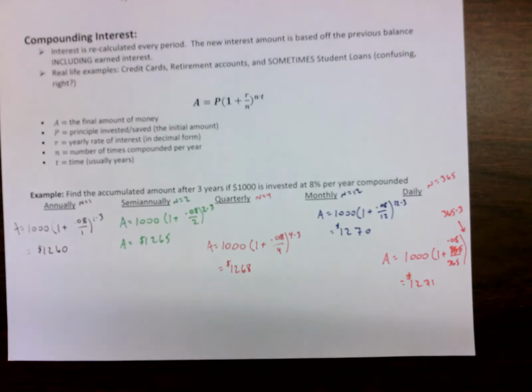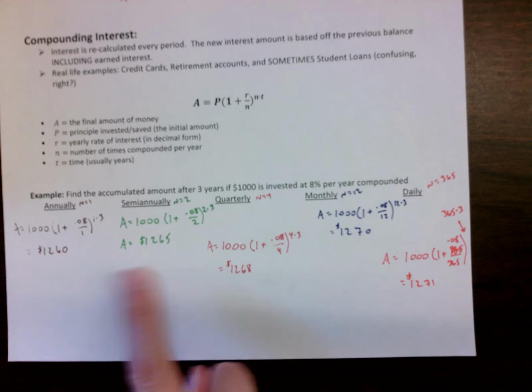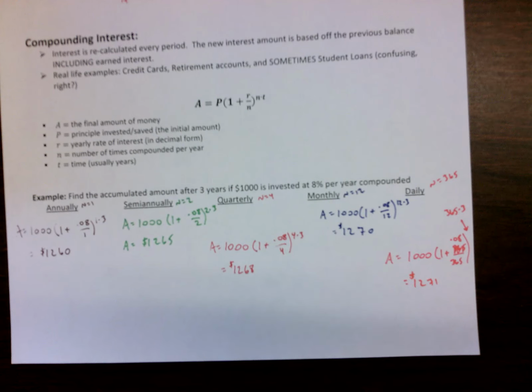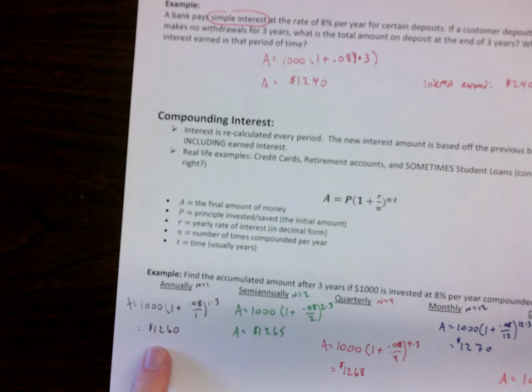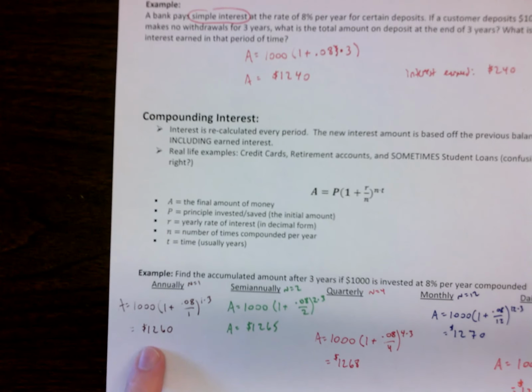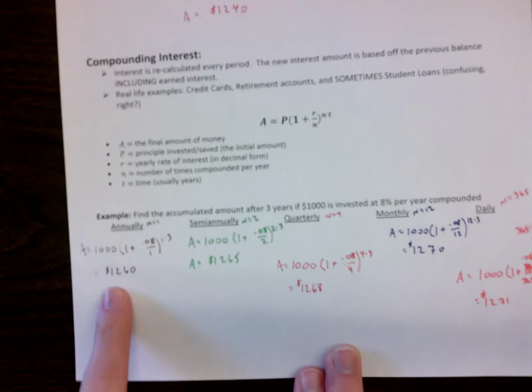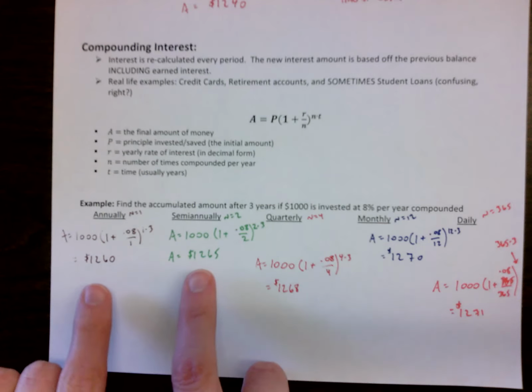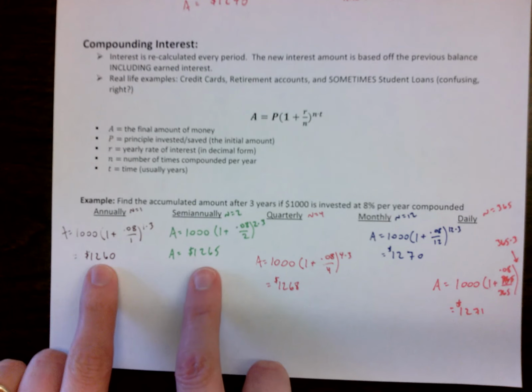All right, so that is the idea of compounding interest. What I want you to notice from this is that the more times you compound, the more money you earn, right? The biggest difference is from not compounding to compounding once. That's where you're going to see the biggest difference. And then from there, if we look at the difference, we went from 1 to 2 compounding periods and we gained $5.